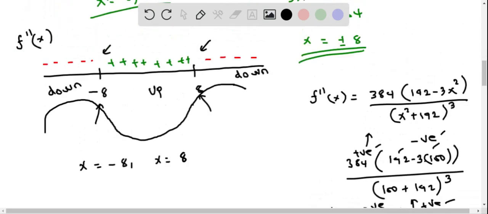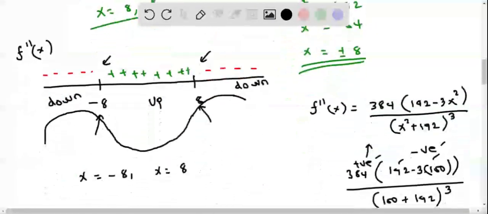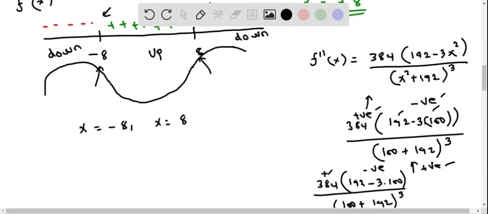We can find the corresponding y values by plugging into f of x. So let's do that. We plug x equal to negative 8. f of x is x squared divided by x squared plus 192.